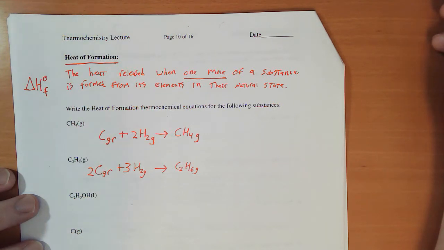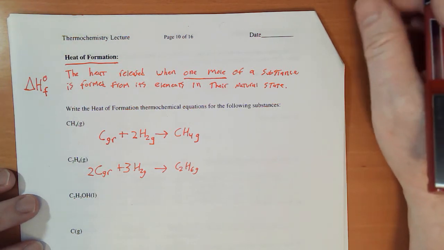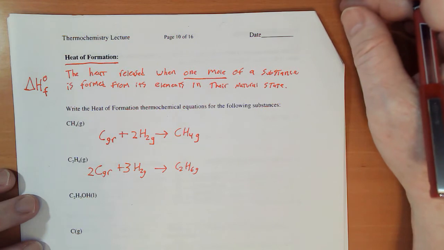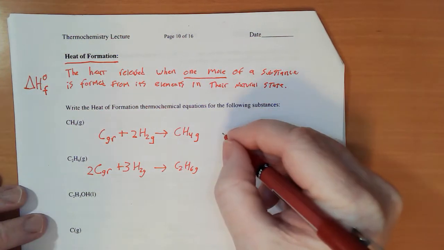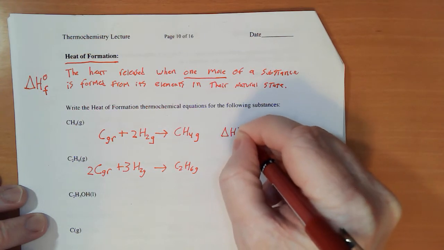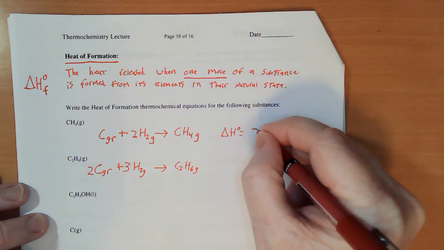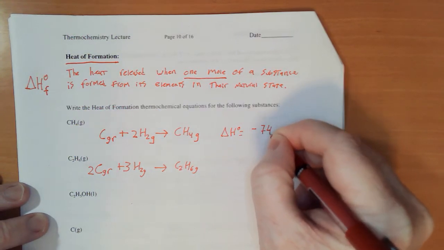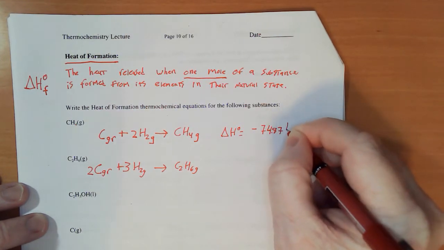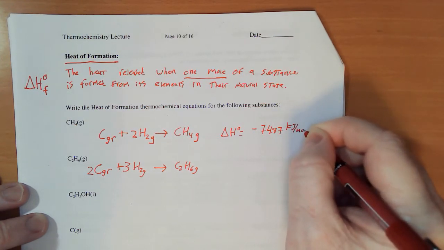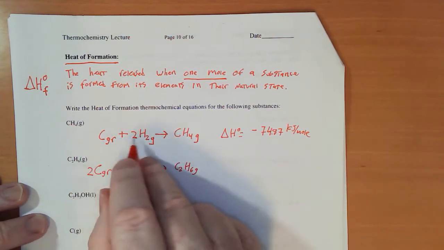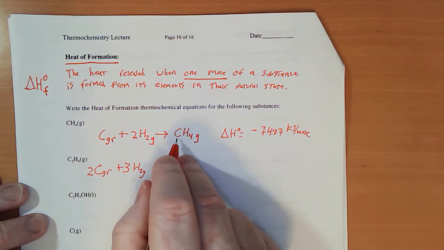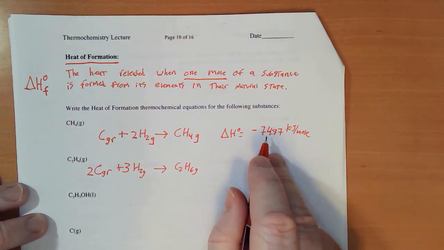Now if I were to go into the back of the book and start looking at the thermochemical tables, I'd see that the delta H naught for CH4 is negative 74.87 kilojoules per mole. And what that means is that when these elements come together and form this, heat is released.